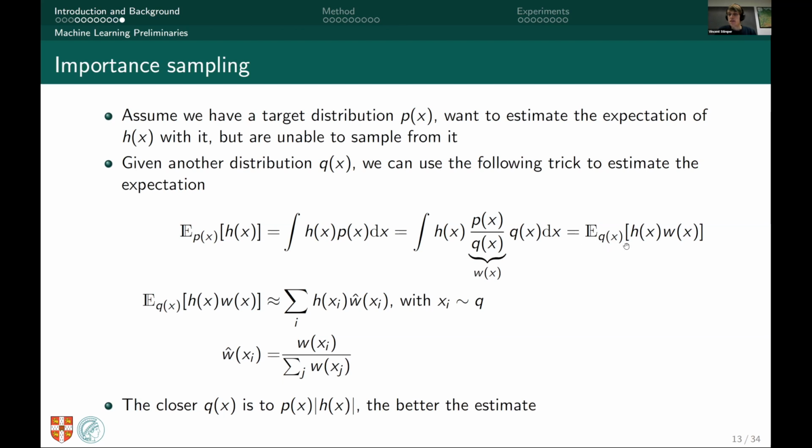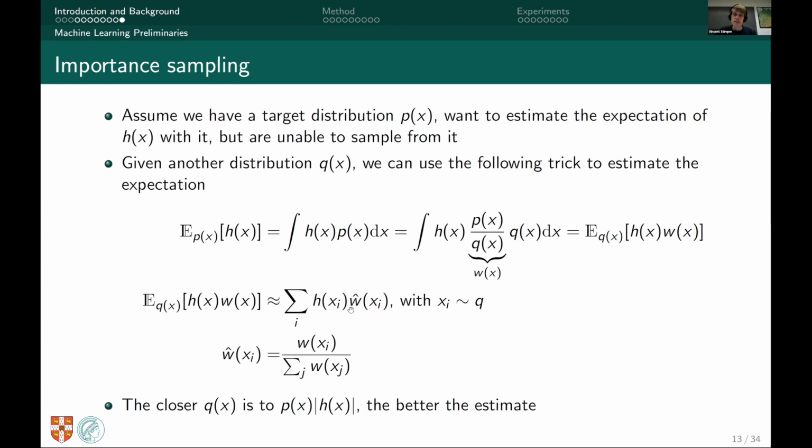So we can rephrase our expectation over P as an expectation over Q of the objective H of x times the importance weight. And then, of course, this expectation can be estimated with samples from Q.